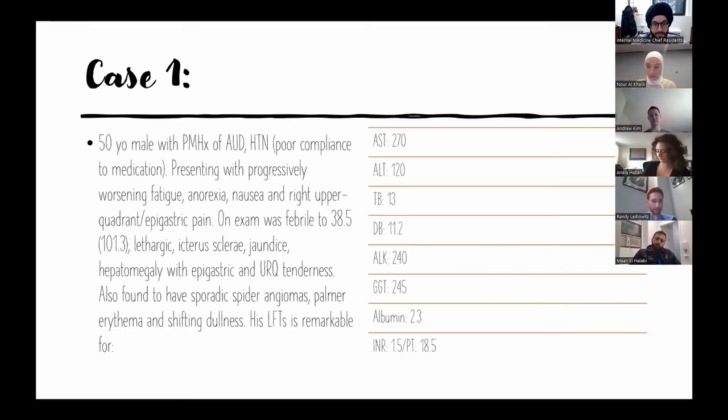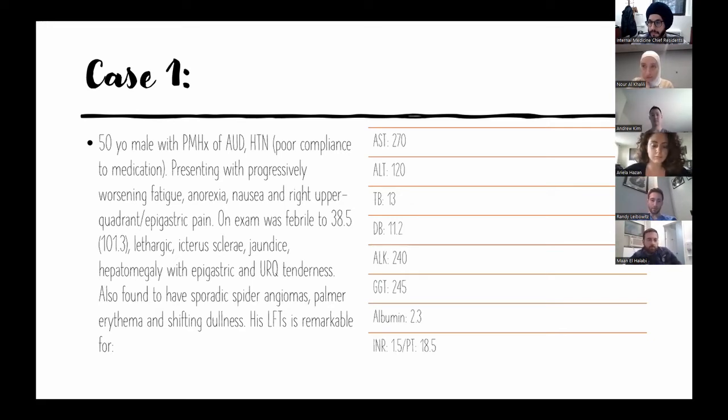Okay, so this patient, especially with the history of alcohol use, AST greater than ALT, and severely elevated bilirubin, it's kind of a mixed pattern.